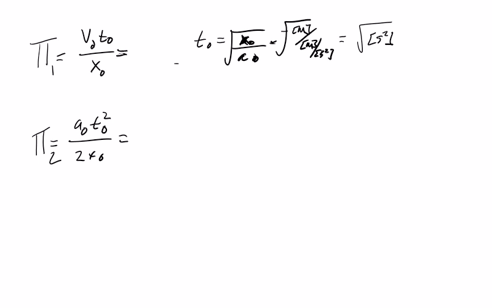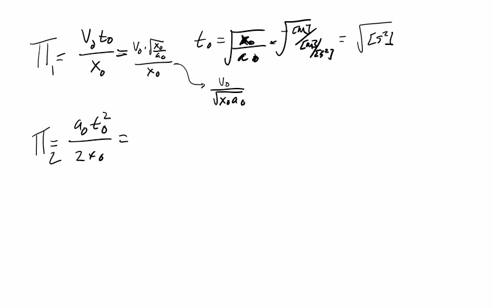If you do that, then what happens? Well, you have v0 times the square root of x0 over a0, over x0. You could simplify this a little bit more: v0 times 1 over the square root of x0 a0.